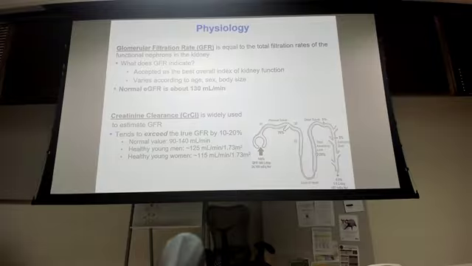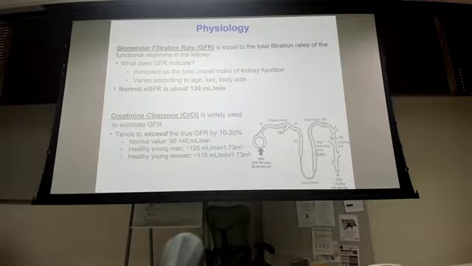And then creatinine clearance is what's usually used to estimate the glomerular filtration rate. It does slightly overestimate it, but it's what we have. But this matters, like we talked about, because some diuretics lose their efficacy when your kidney function decreases and your creatinine clearance decreases.